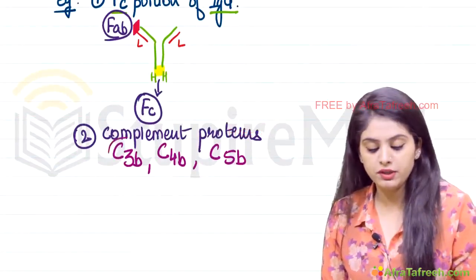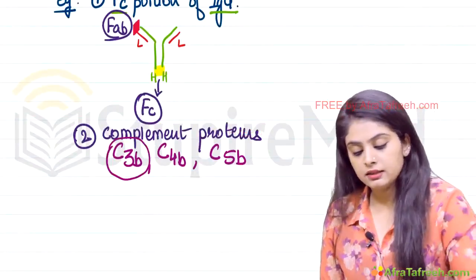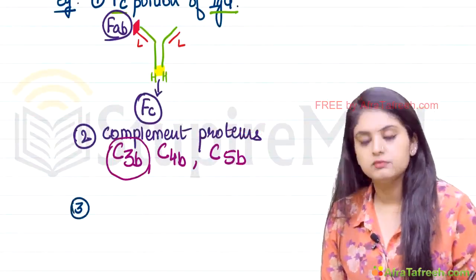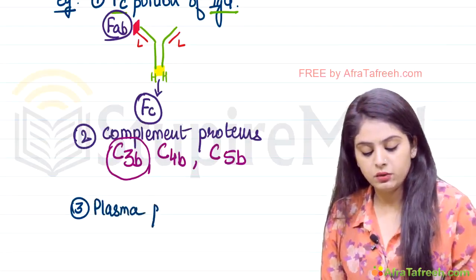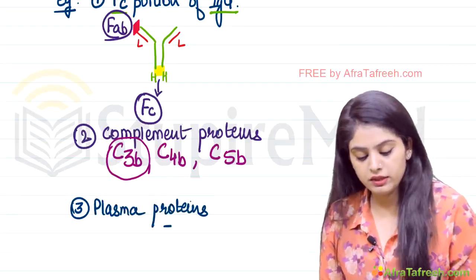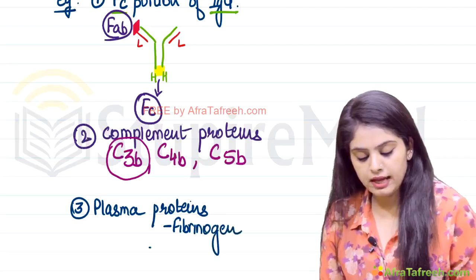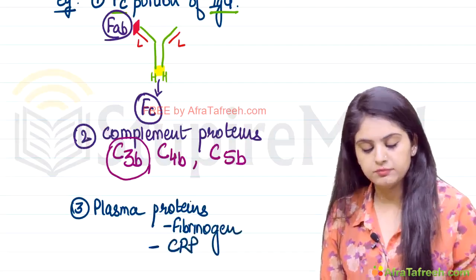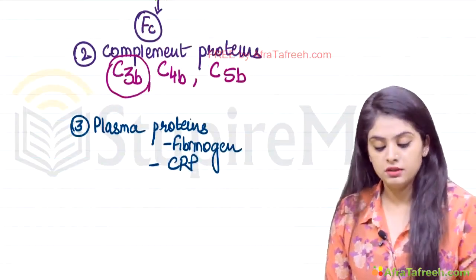So the most important one becomes C3b. The third one that we have are going to be certain plasma proteins. These include example fibrinogen and CRP. Again, a very important molecule we've just put up, CRP.